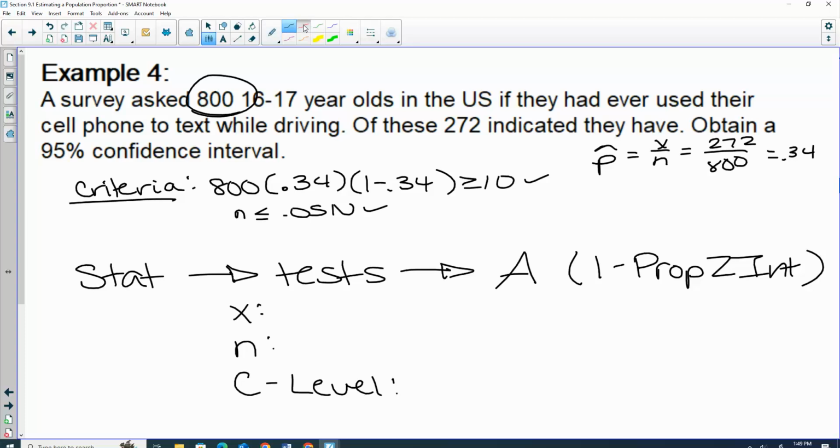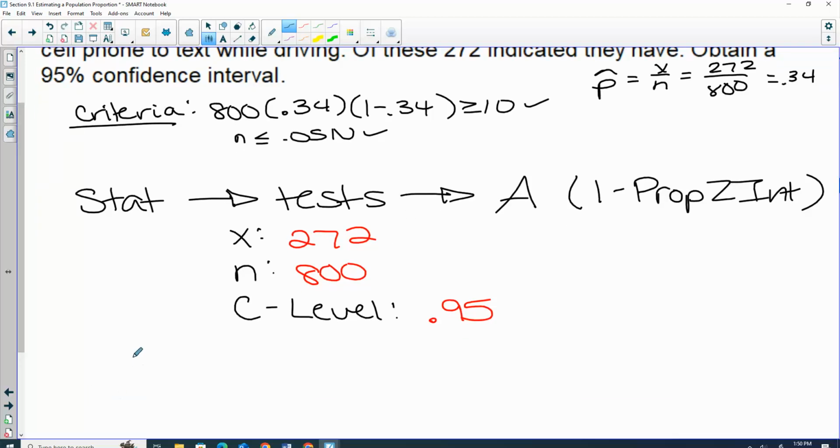What was my x? 272. What is my n? 800. My confidence level is the percent, so 95%, we'll type in 0.95. And notice it does give us our p hat below, the 0.34 is what we got.